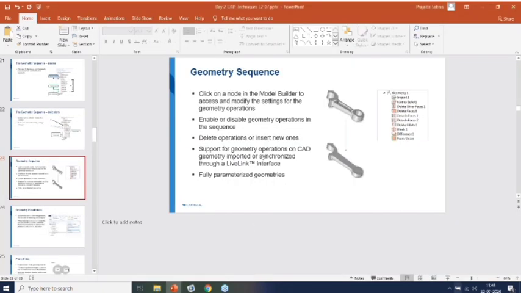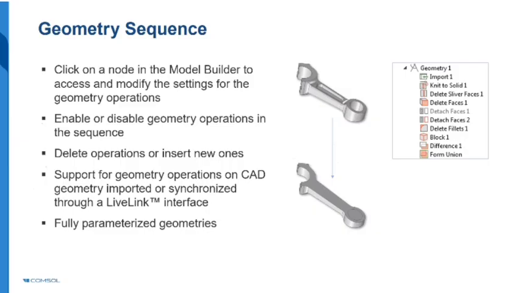You can also enable or disable the geometric operations in your sequence. Sometimes you might have added some operations and later realize that the operation is no longer needed. In that case, you can delete it altogether or you can disable it.